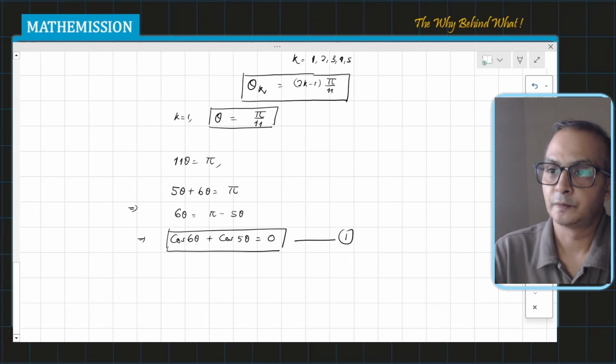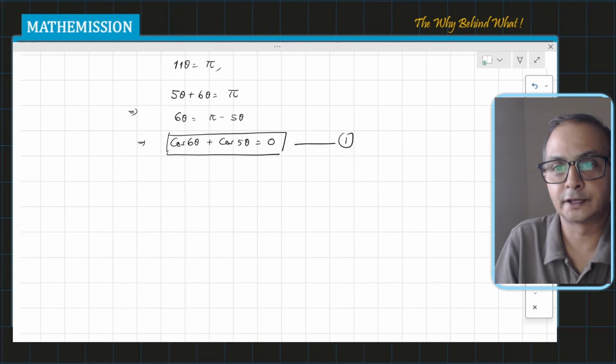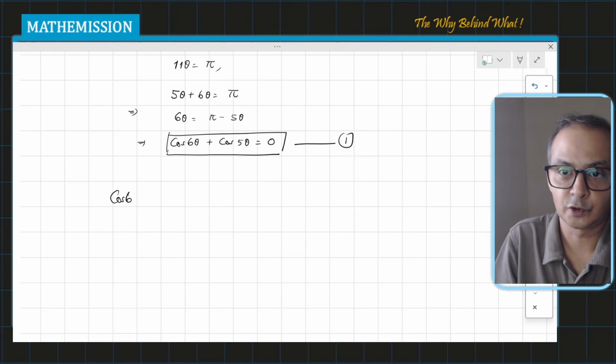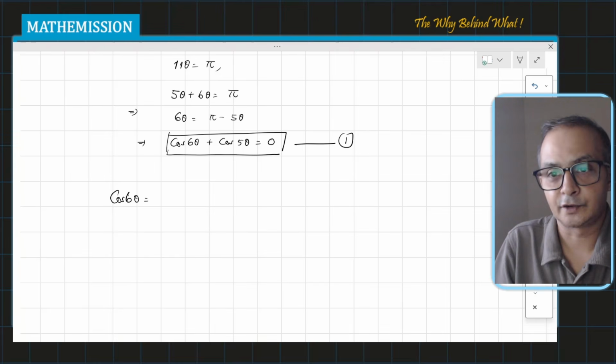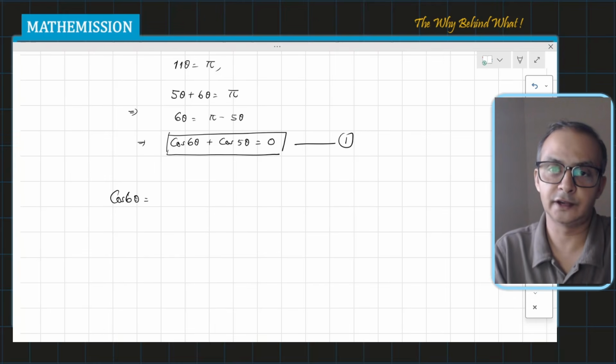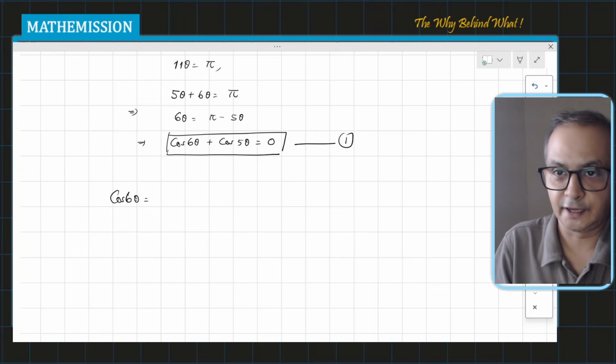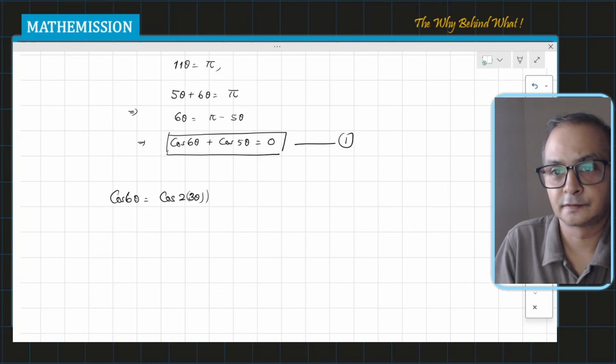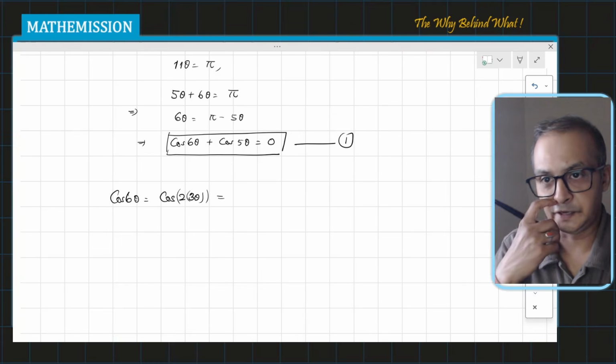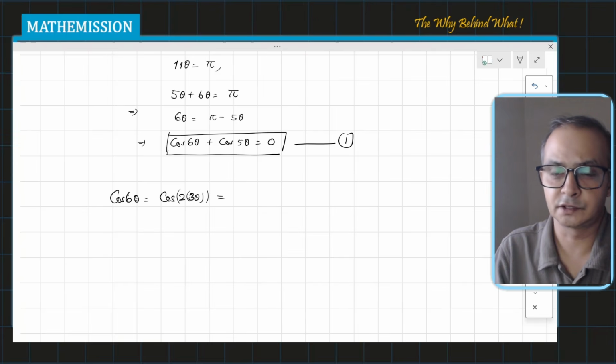So let's see now what we can do. Now we know cosine 6 theta, the first term here, is in fact already given in your NCERT book, how we expand cosine 6 theta in terms of cosine. So I can write cosine 2 into 3 theta, or rather 3 into 2 theta.